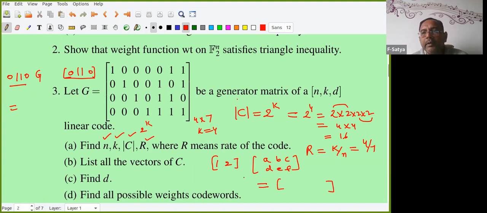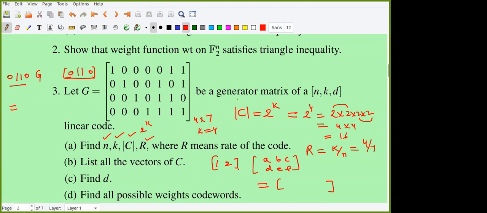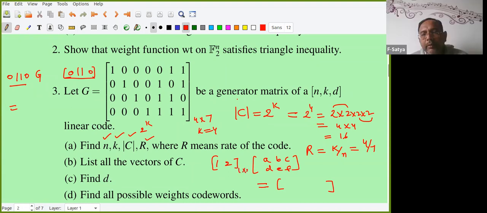Now tell me. Not clear? It is matrix multiplication. It is 1 by 2, and it is 2 by 3, so I'm going to get 1 by 3. What is that?